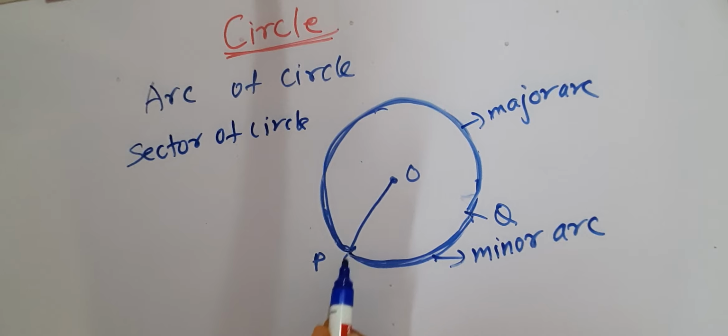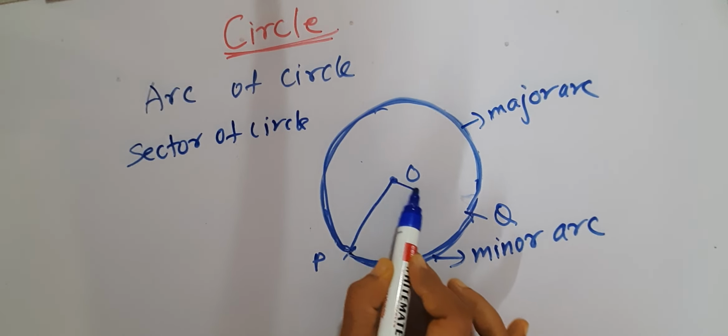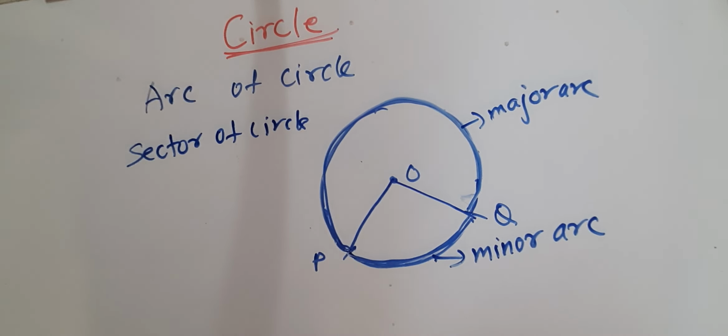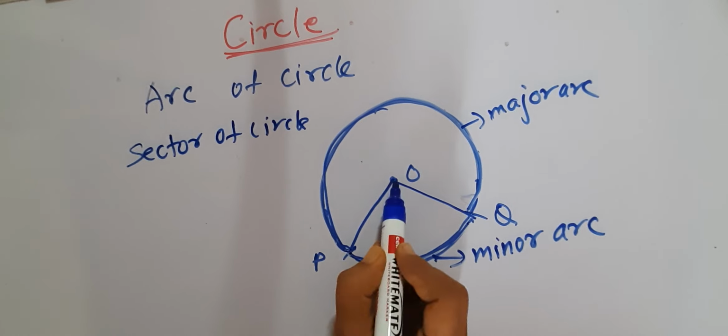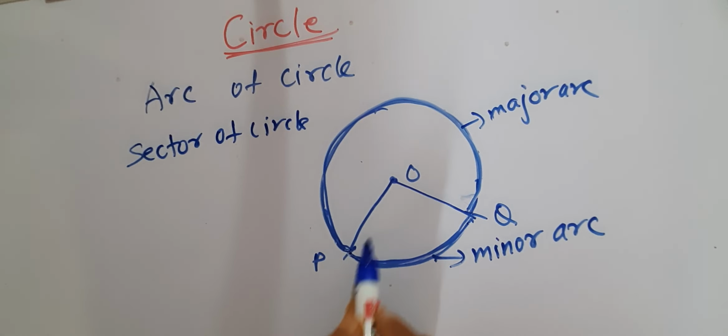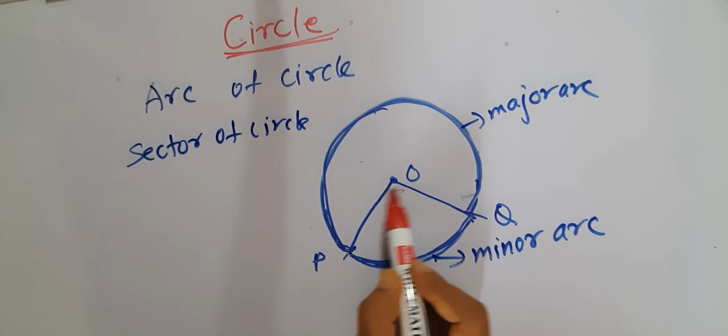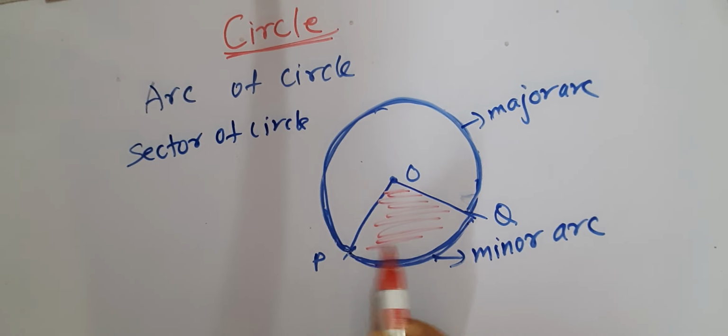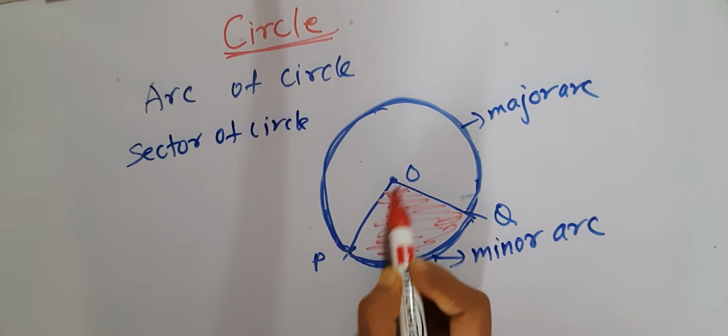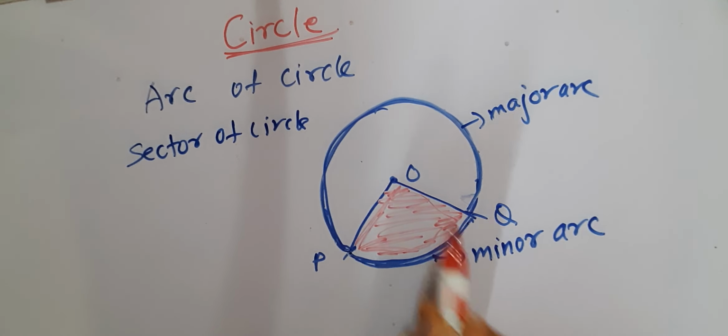So this is one radius, and OQ is another radius. Now a region which consists of an arc of a circle and two radii of the circle, this part, is known as a sector of a circle. Again, here we have two sectors.